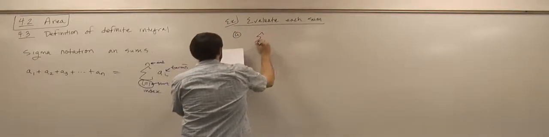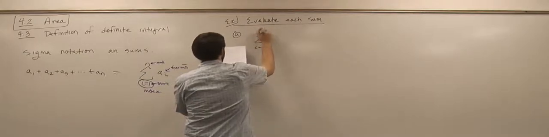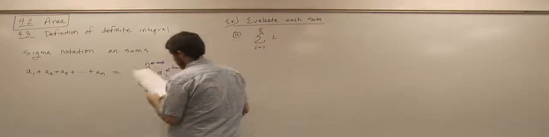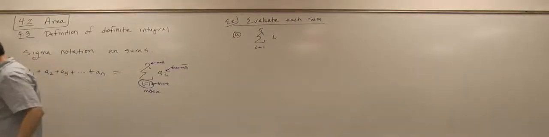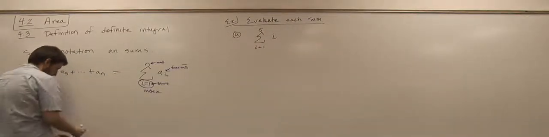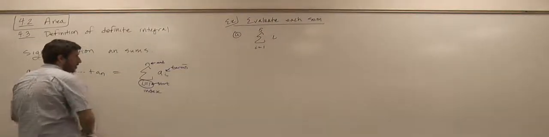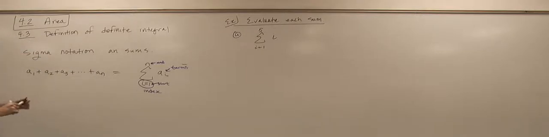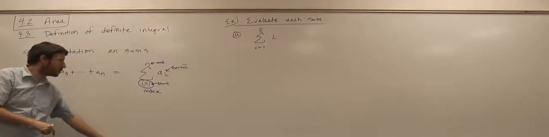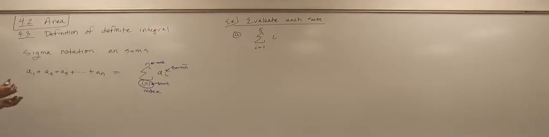So the sum from i equals 1 to 5 of i. This is just to help you understand what we mean by the sigma notation.